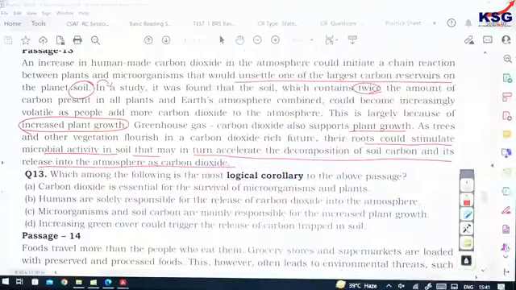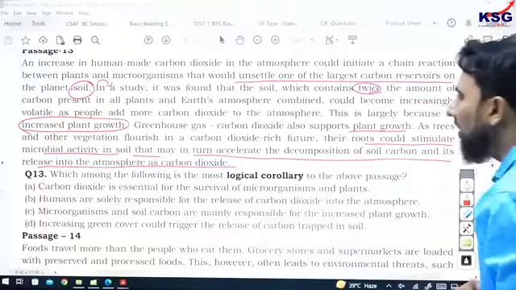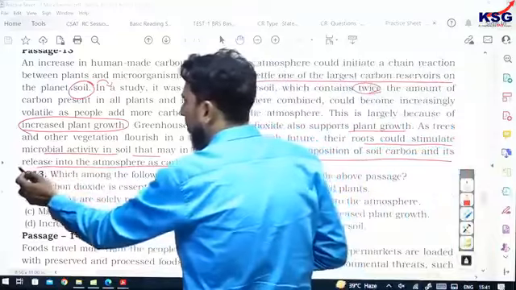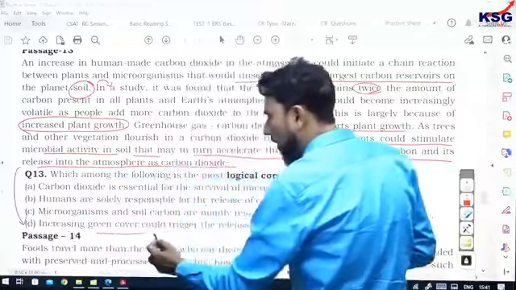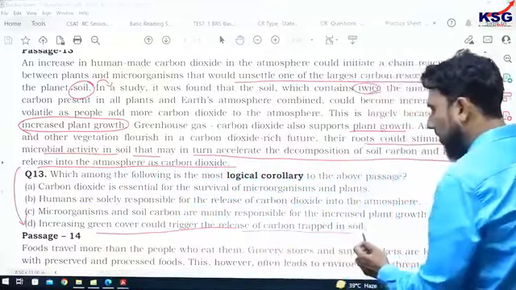Right. So because of more plant growth, that trapped carbon can be destabilized and can be unleashed in the atmosphere. So option D, increasing green cover could trigger the release of carbon trapped in soil.